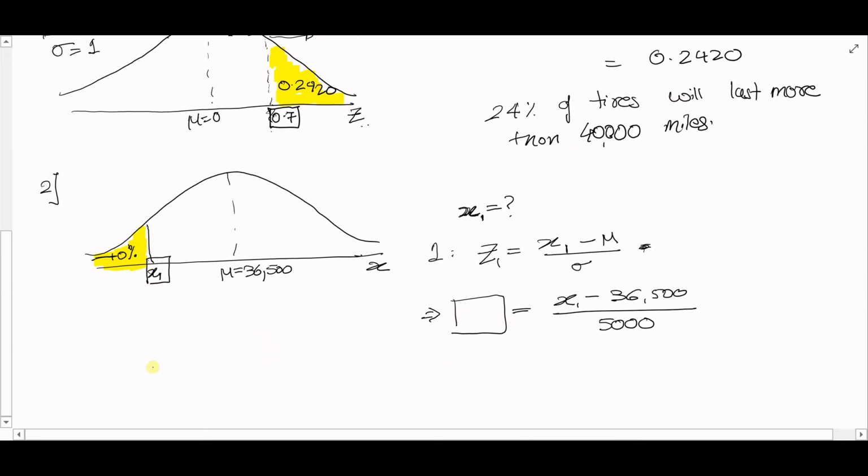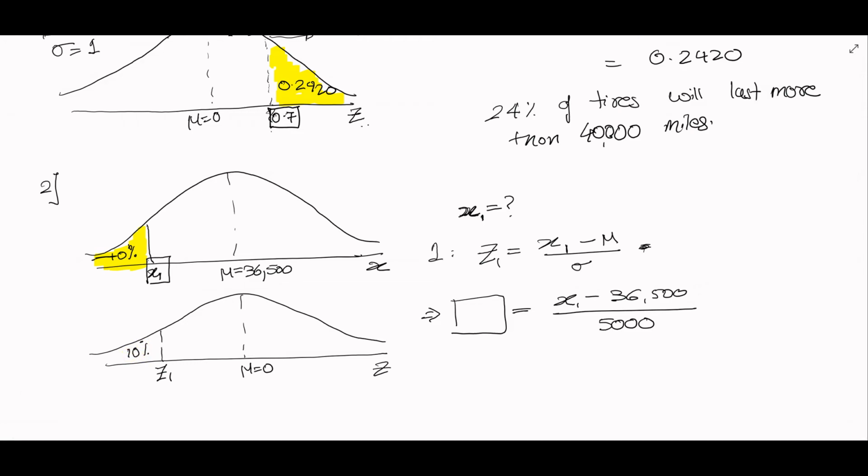Again, I will take the same example of using this standard normal z, where the mean is 0. We want some z1 such that this area is 10%. How does one get it? Well, you do the same idea.